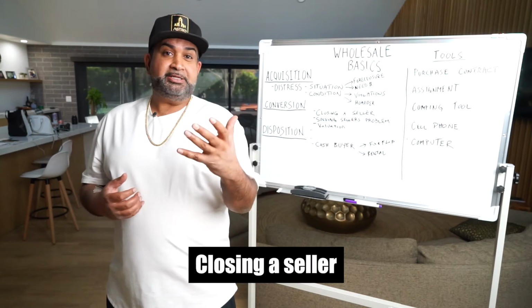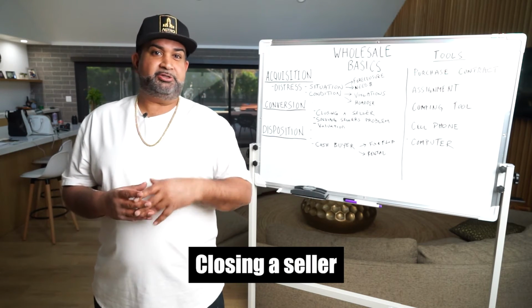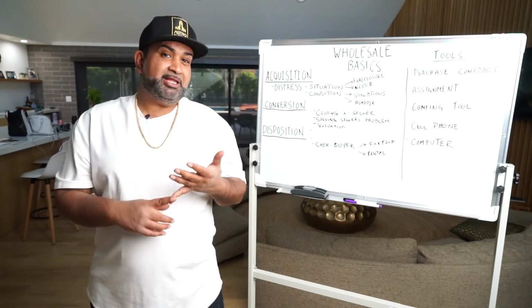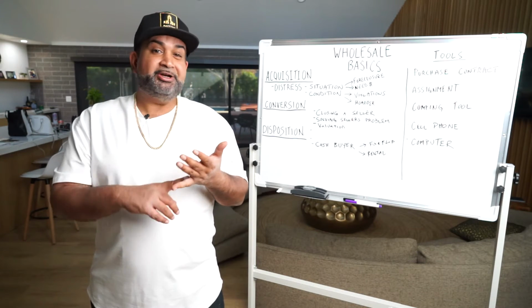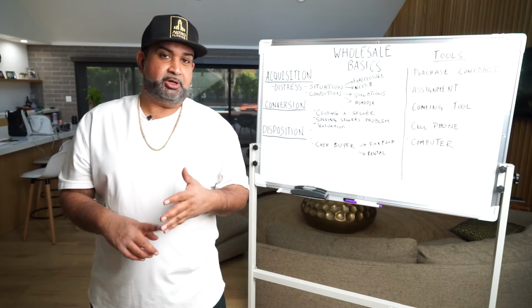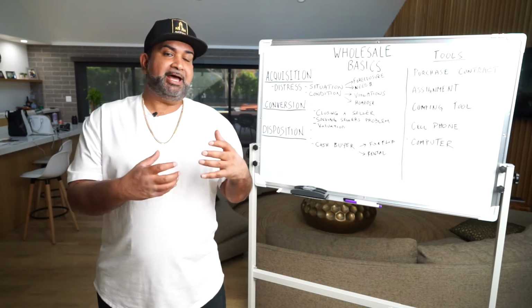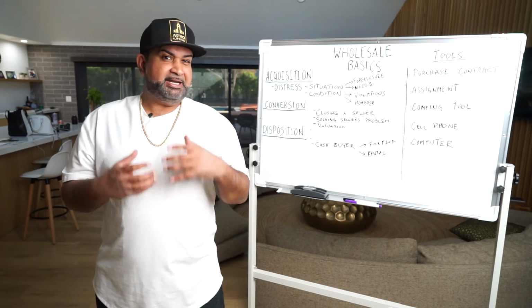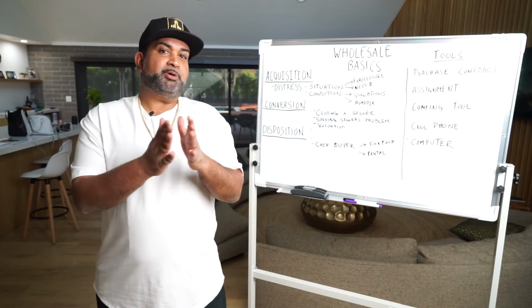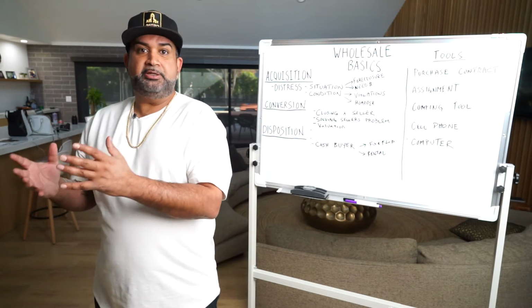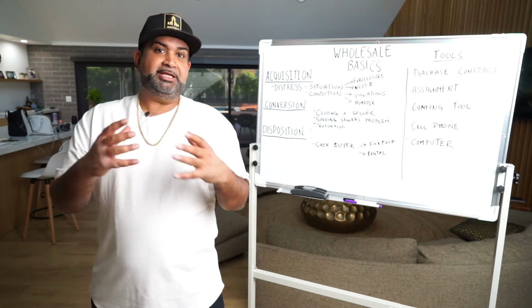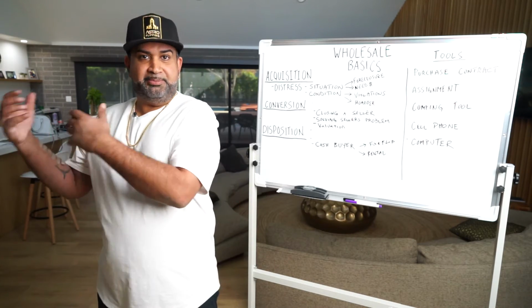You need to know how to communicate with sellers so that you can identify what pain they might be going through, what motivation they might have, what their needs might be, or what problems you can solve. When you're able to attack that in a very meaningful, empathetic way, you can gain rapport with the seller to where they trust you enough to contract their property to you so that you can take that contract, sell it, and make a profit.